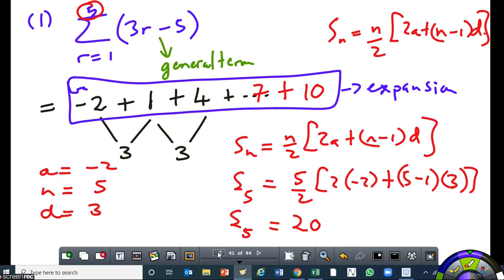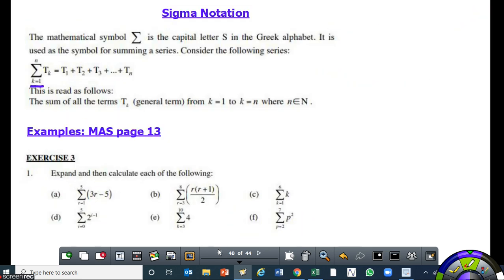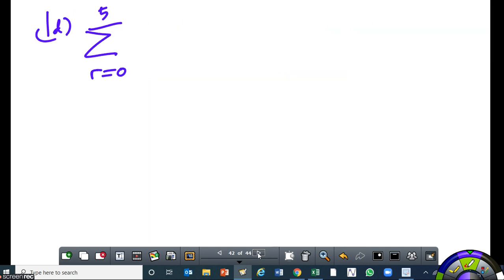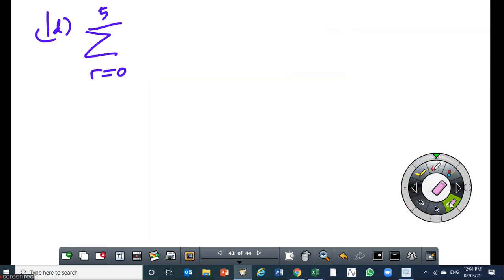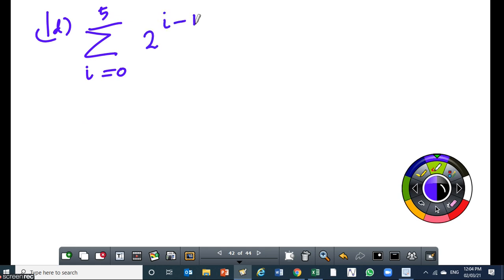Of what? Okay? The general term is 2. Actually, it's i. So it's not r, but it's i. This is i. Let me remove that r there. That's an i. Of 2 to the power of i minus 1.